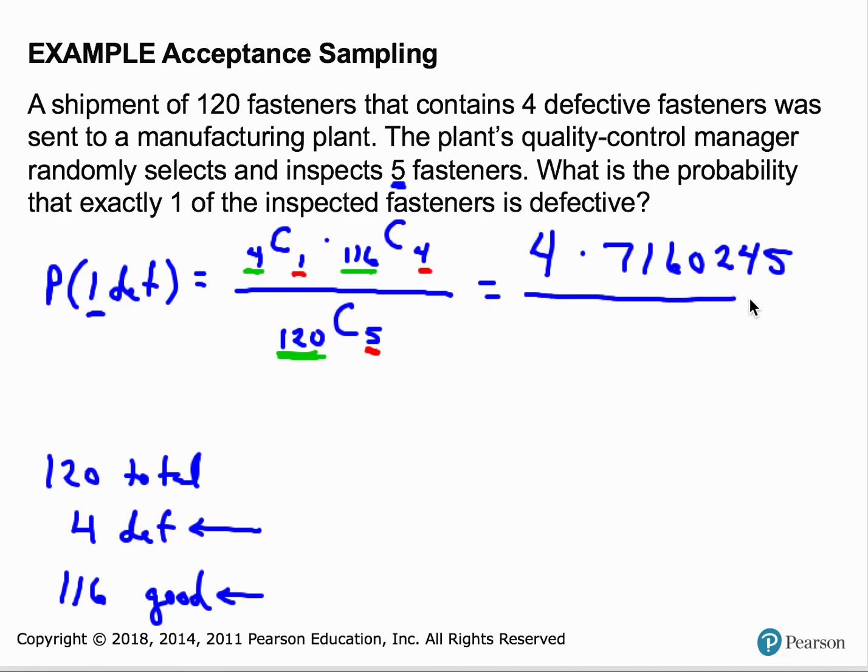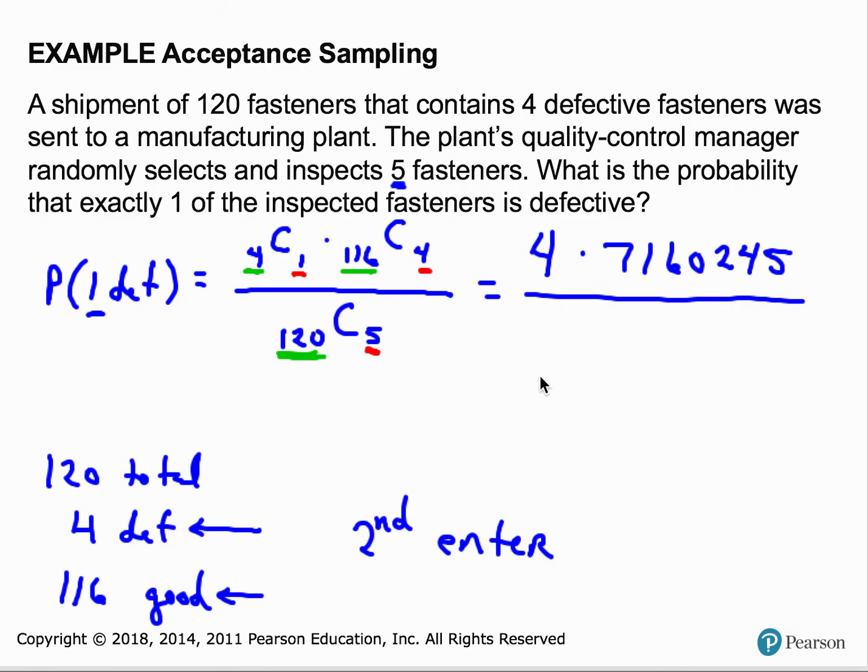And then it's all divided by 120 choose 5. Hey, and if you don't know, here's another little shortcut for your calculator. If you just hit second enter, because getting over to those factorials and combinations and permutation operations is a kind of a pain.